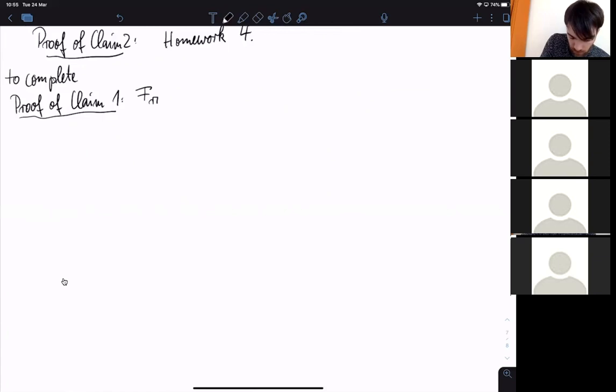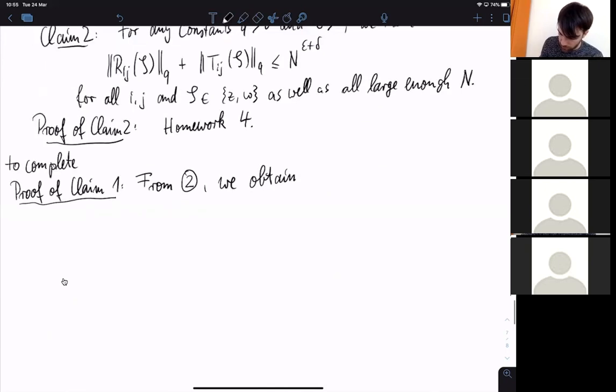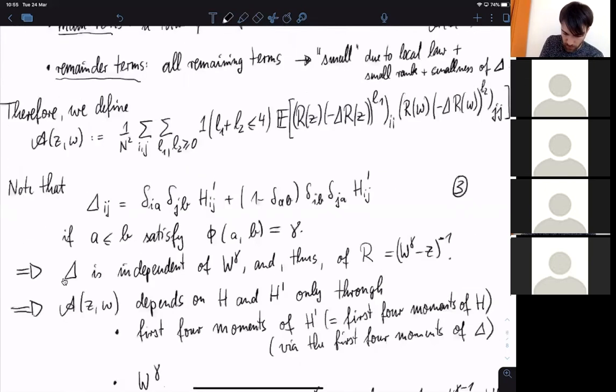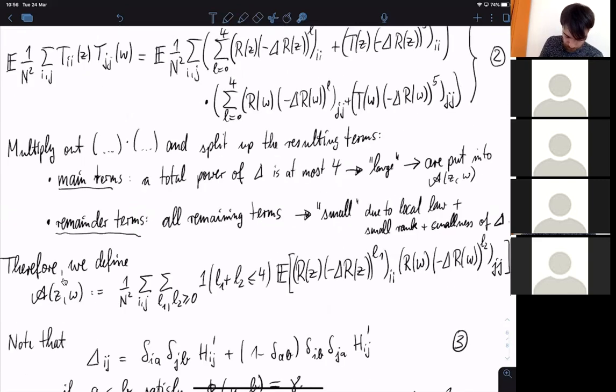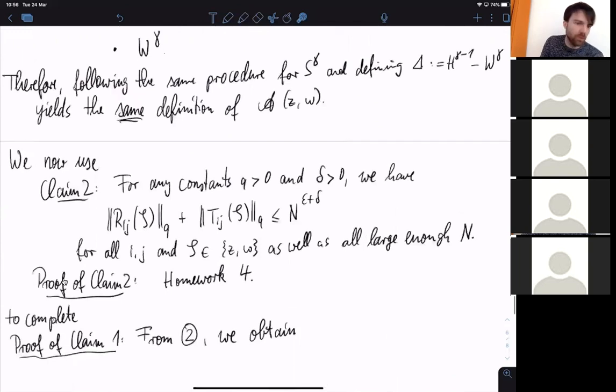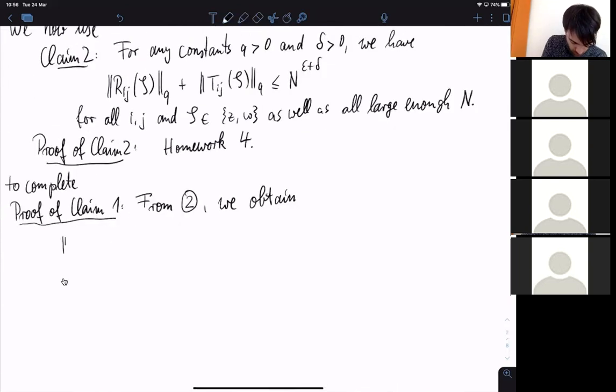So we now use 2, which I'll go back to in a second. So 2 was this formula that I just showed you, right? If I look at 2 and then I subtract A from it, then I get the following.